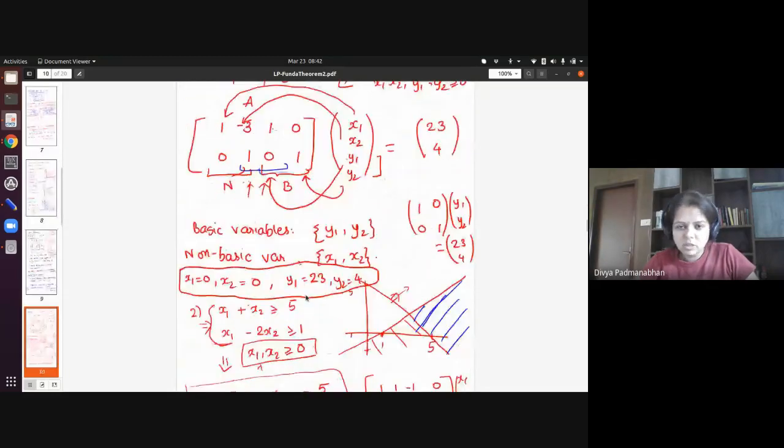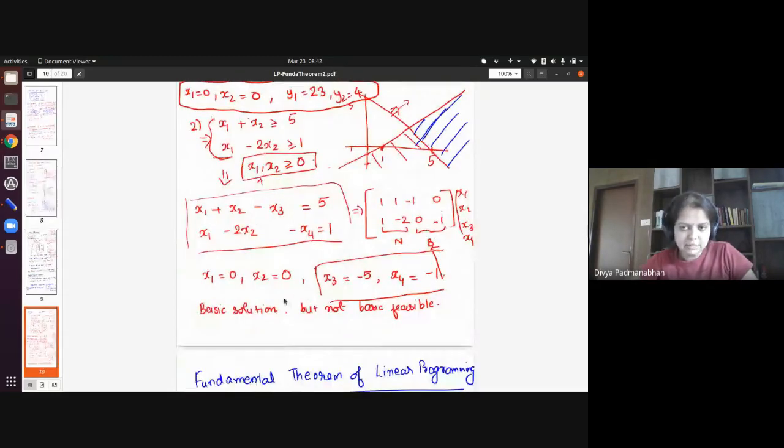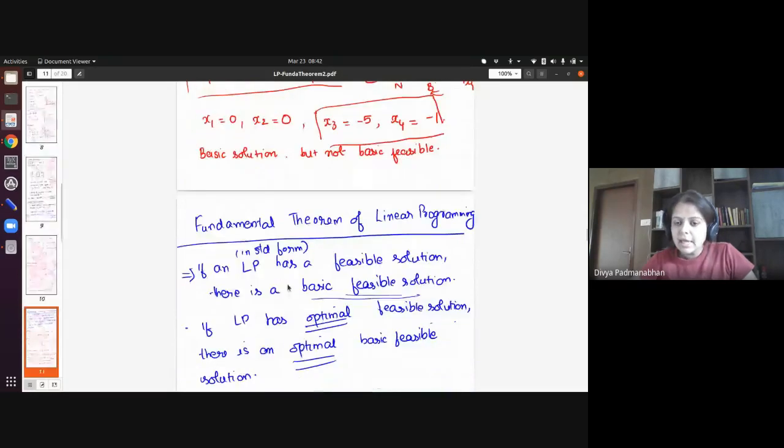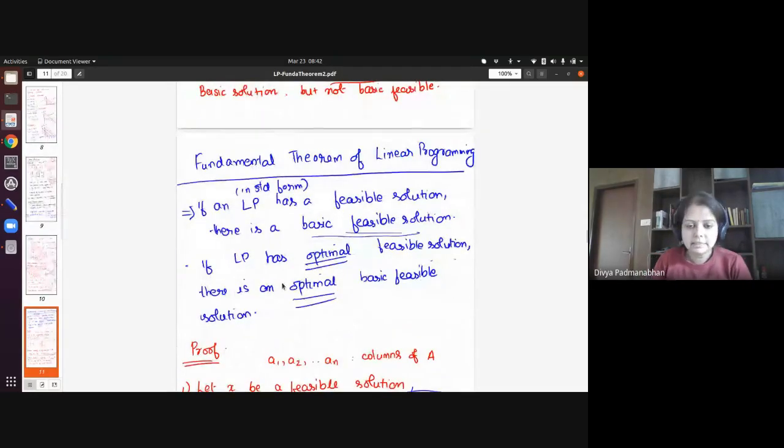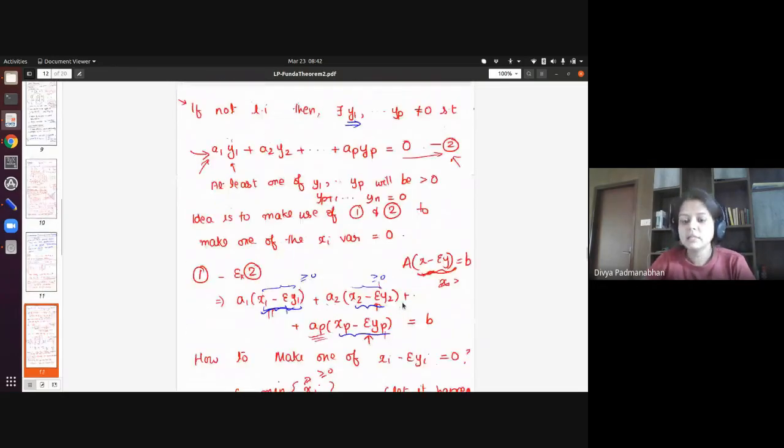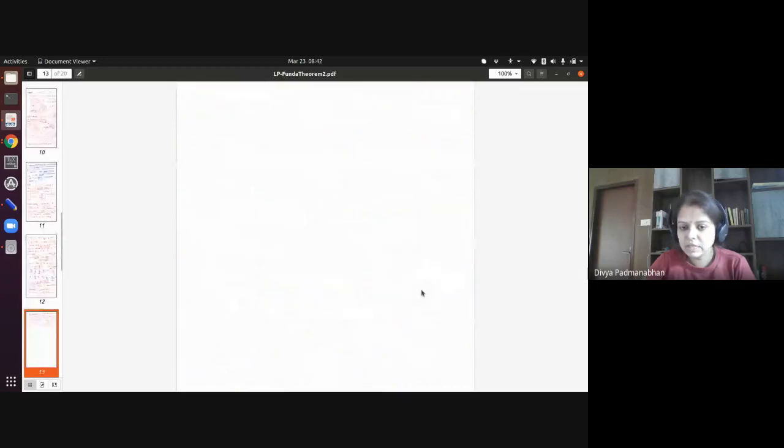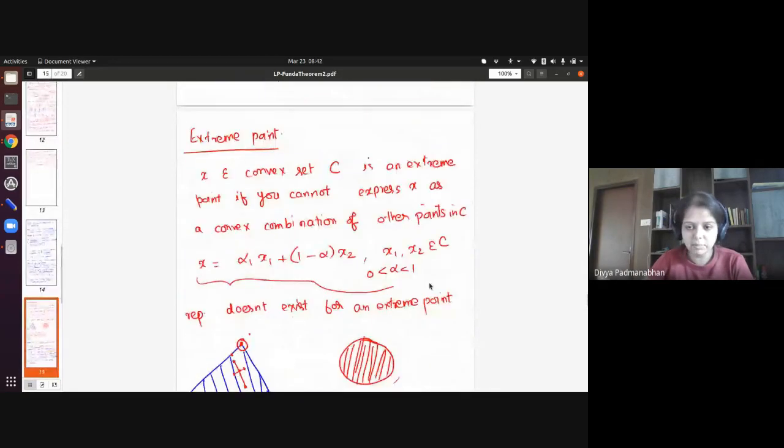Then we saw some examples of how to construct these kinds of solutions, and then we saw this fundamental theorem which said that if an LP is feasible, then there is going to be a basic feasible solution, and if there's an optimal feasible solution, there's an optimal basic feasible solution. Finally we saw this notion of extreme points, where an extreme point is a point which you cannot represent as a convex combination of other points.